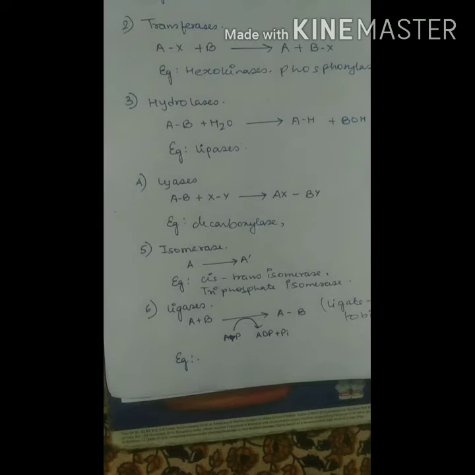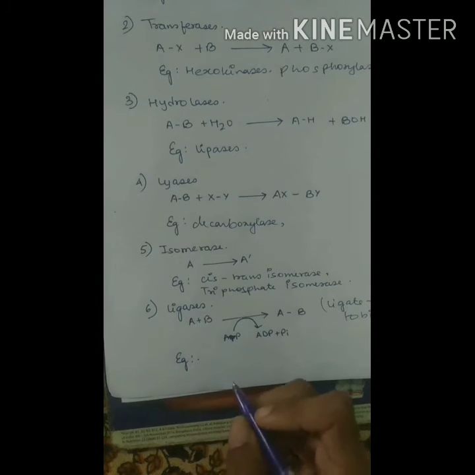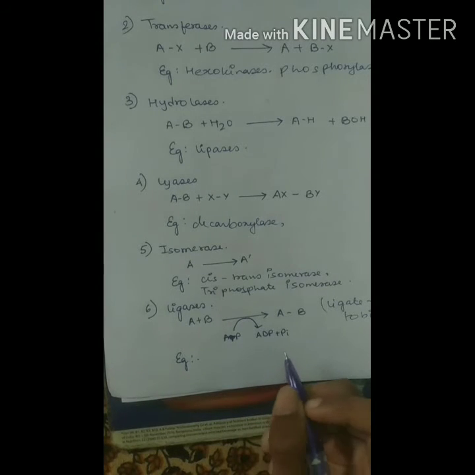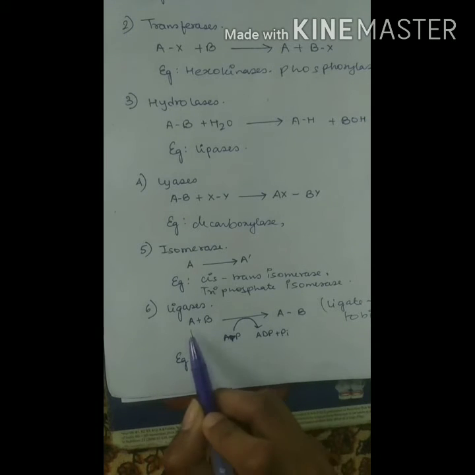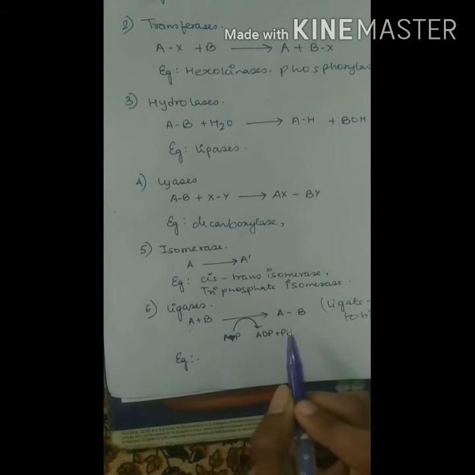These enzymes catalyze the synthesis of new bonds by linking together two compounds with the breakdown of the phosphate bond in ATP. ATP is adenosine triphosphate, which is broken down and forms ADP, and an inorganic phosphate is given. This generally joins two compounds. A is a compound and B is a compound, and it joins to form a single compound, that is AB.